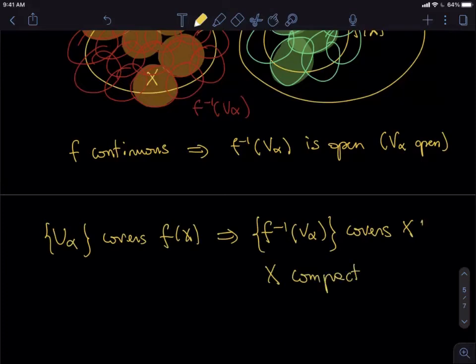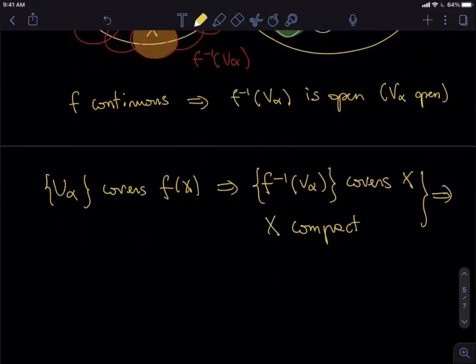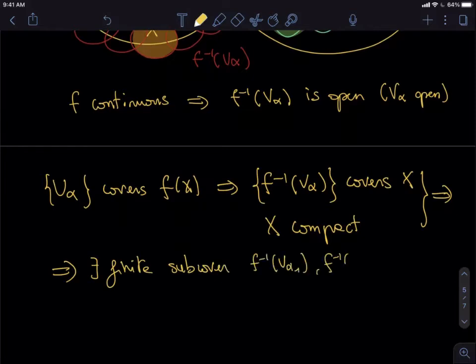That means there exists a finite subcover f minus 1 V alpha 1, f minus 1 V alpha 2, up to f minus 1 V alpha n, let's say.